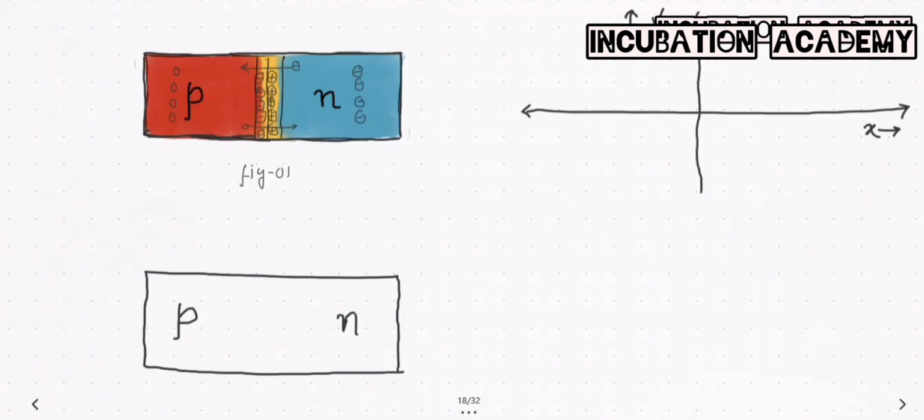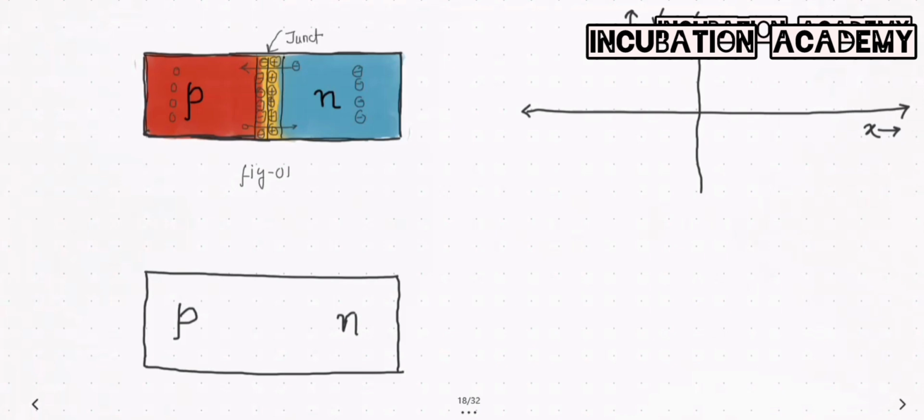The holes and electrons diffusion takes place, and that's why the positively charged and negatively charged immobile donor and acceptor ions are created just on the two sides of the junction.